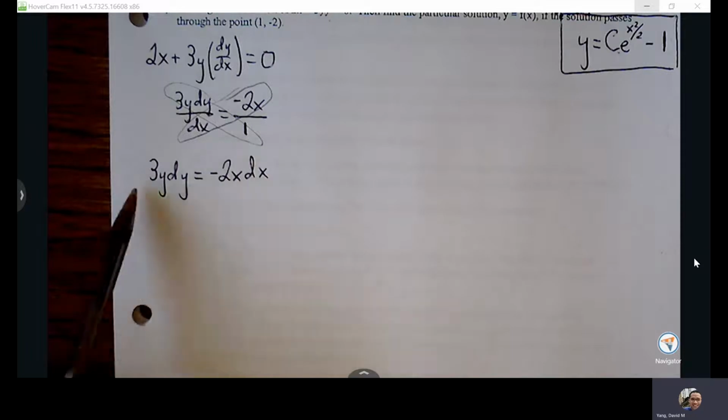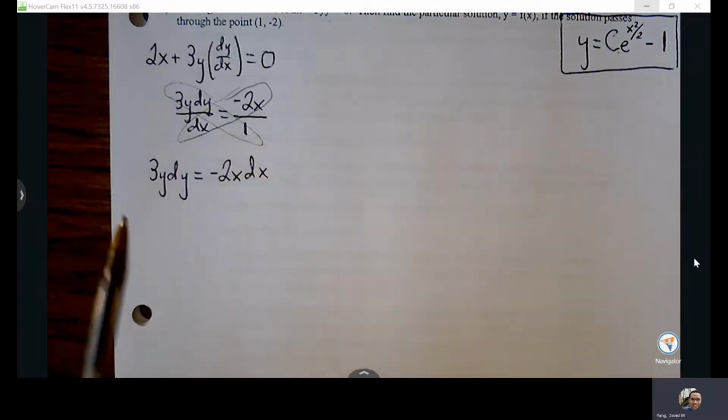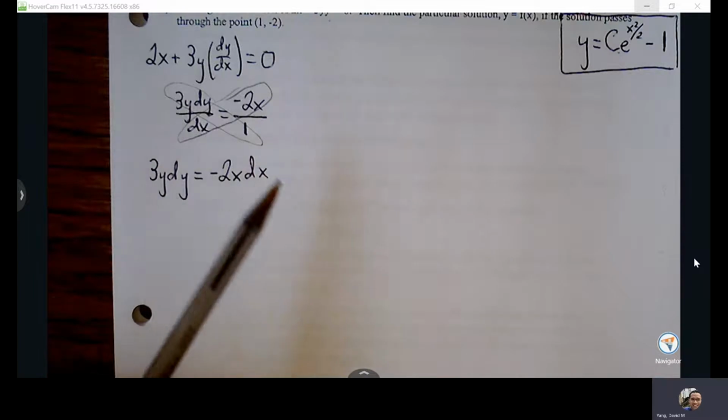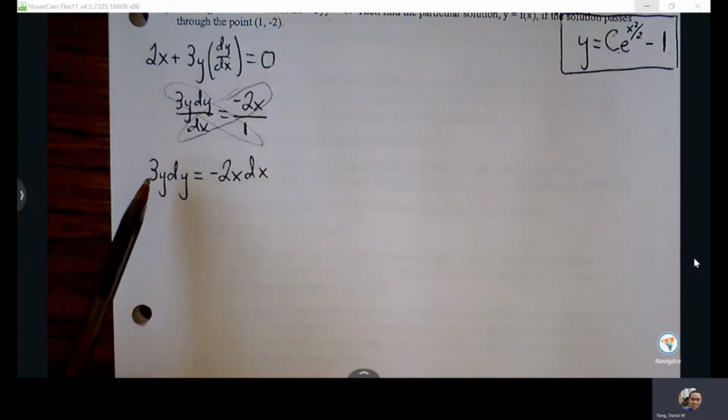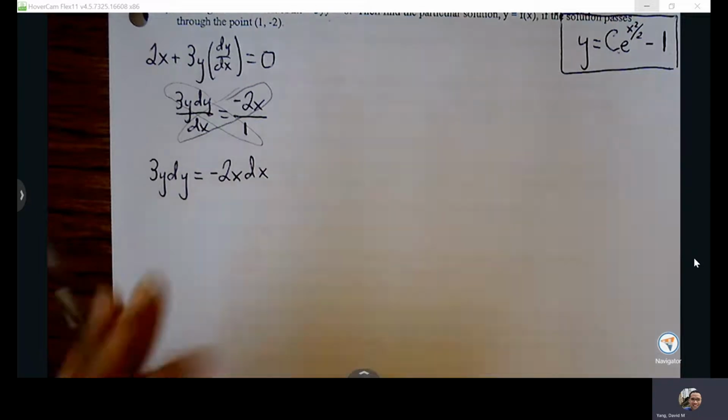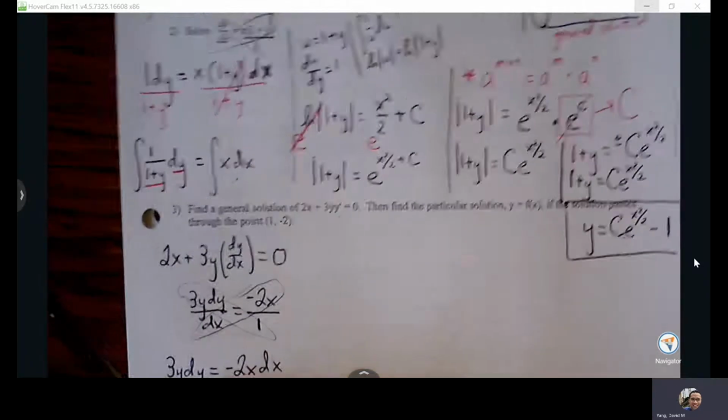It's not wrong if we go into our antiderivative step, but typically I like to encourage students, if it's possible to move anything from the left side to the right side, go ahead and do that now. Is there anything that does not have to be on the left side that we can move? That 3. We can divide that 3 over. Sometimes you can't move a number like this one.